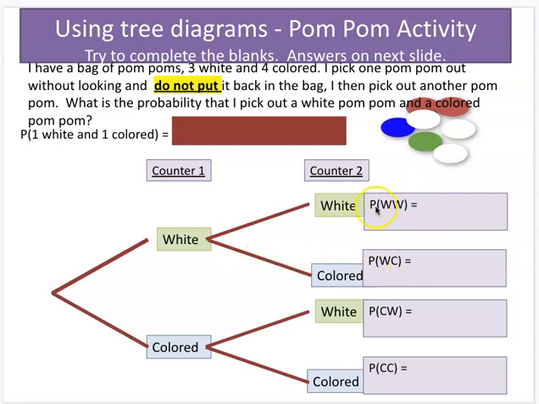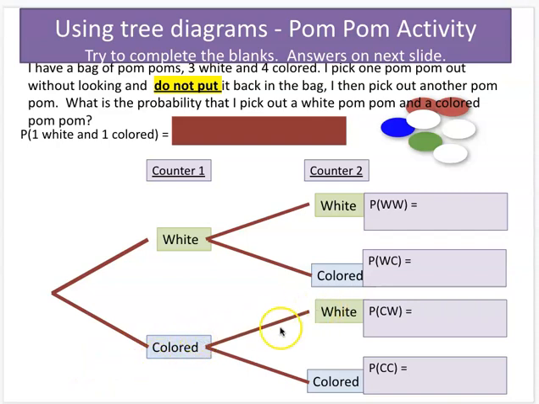I could compute those probabilities right now. I could write 3 out of 7 times 2 out of 6 for this first outcome. And for the second one, I could write 3 out of 7 times 4 out of 6 on this second one. But let's go back and fill in the rest of our tree diagram. What if on the first one I pulled out a colored pom-pom instead of a white one?